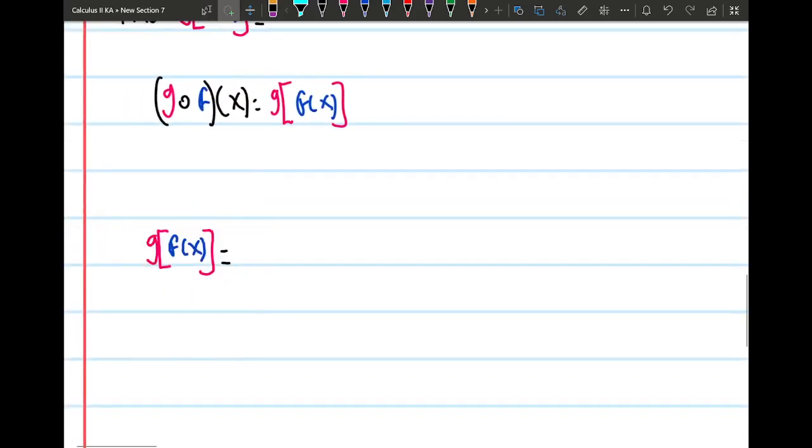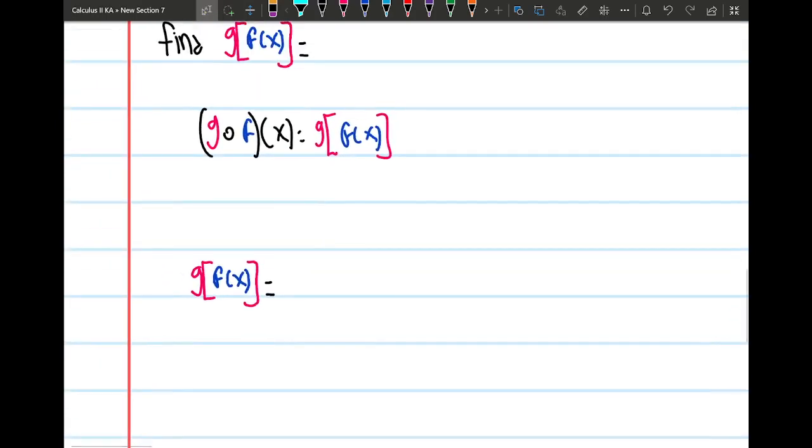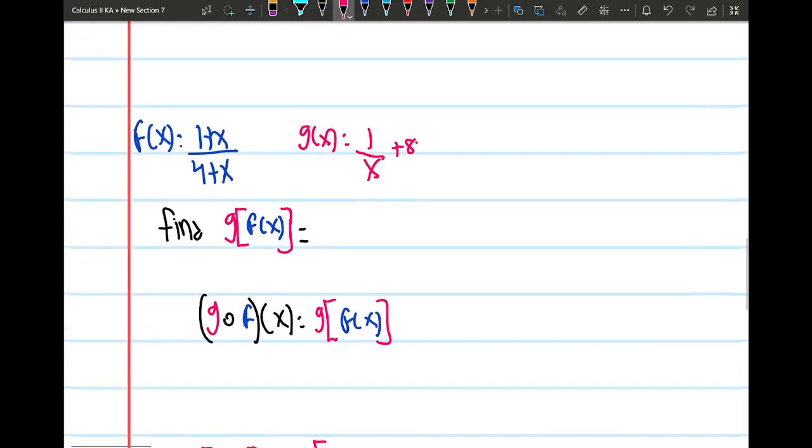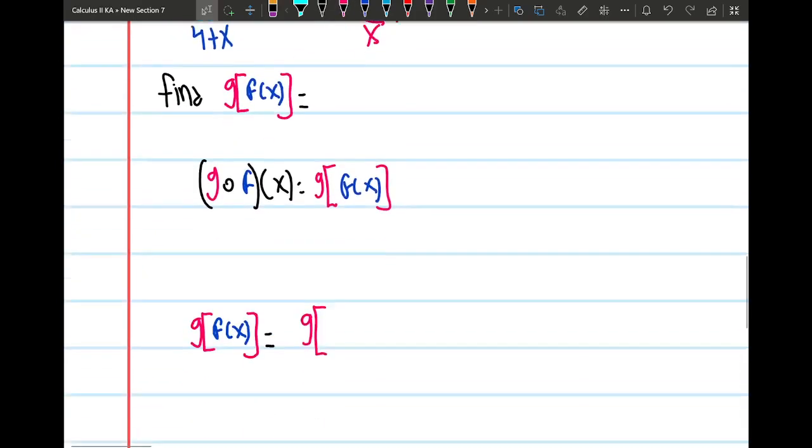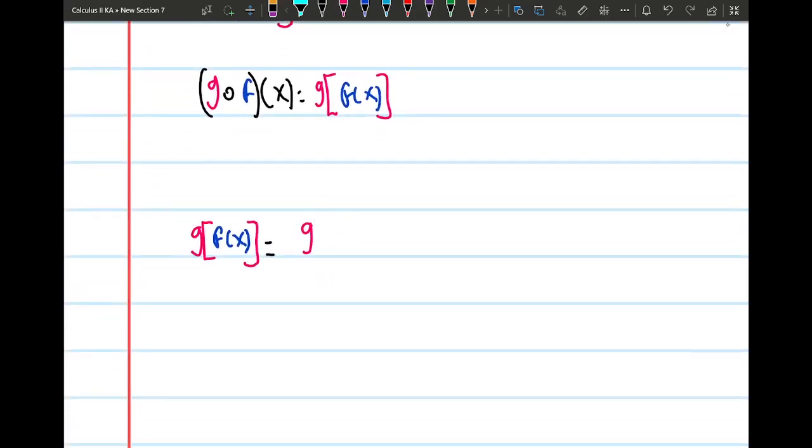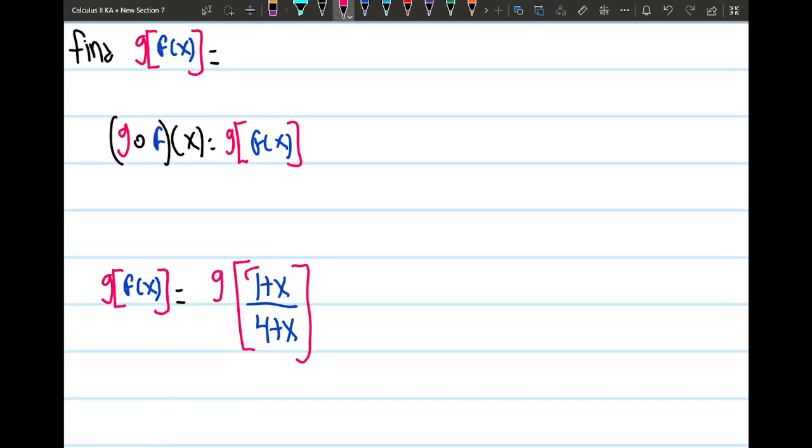Okay, so this is going to be g of, and I know f of x is 1 plus x over 4 plus x, so basically I can do g of 1 plus x over 4 plus x, okay? So now we're going to put this stuff in for x in g of x.